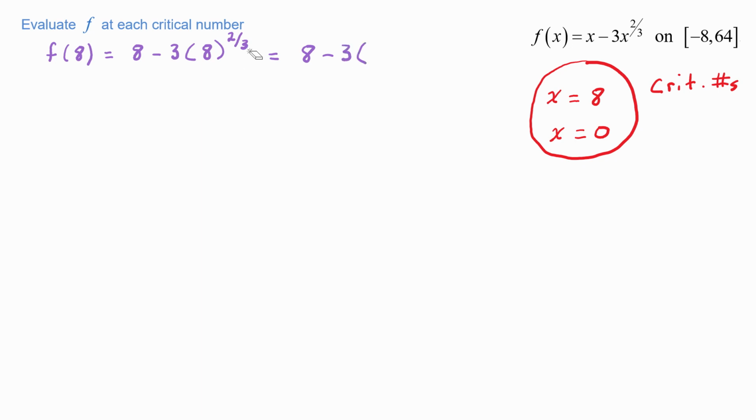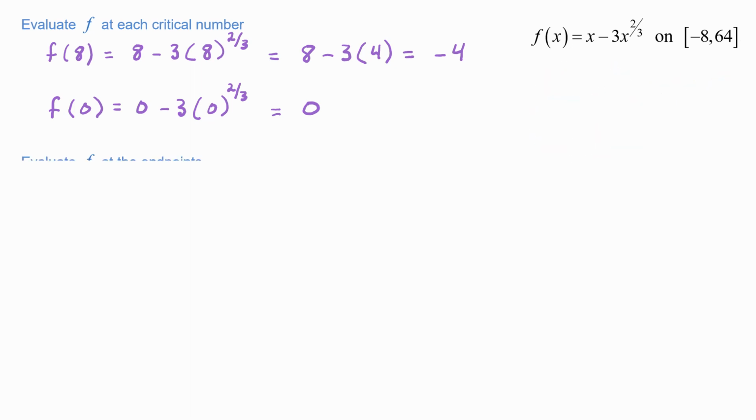Now we can do the cube root first. The cube root of 8 is 2. 2 squared is 4. So this just becomes 8 minus 12, which is negative 4. Evaluating f at the other critical number, which was 0, then we would have 0 minus 3 times 0 to the 2/3, which of course is 0.